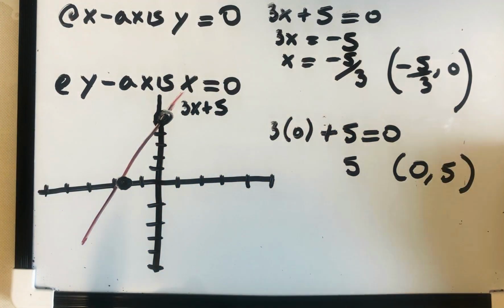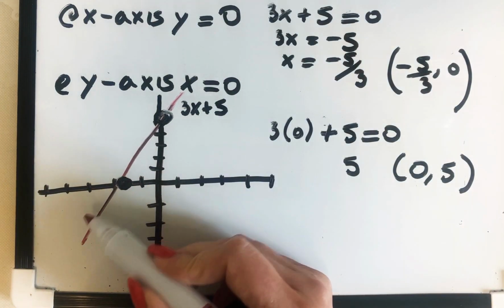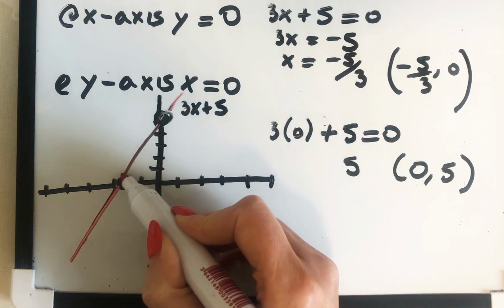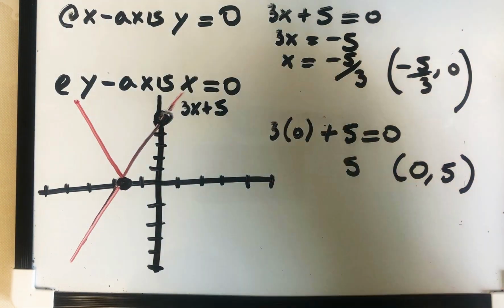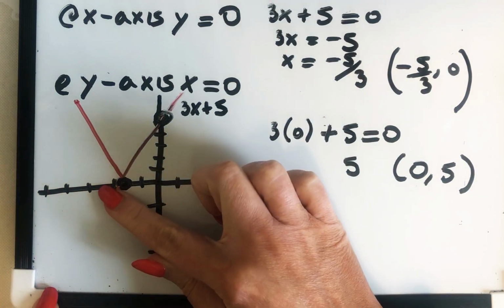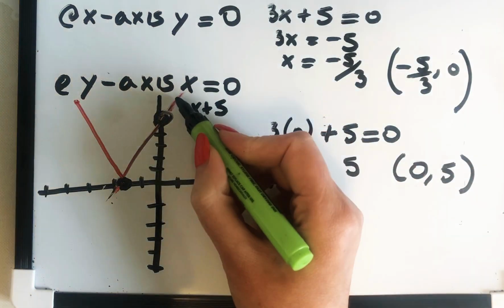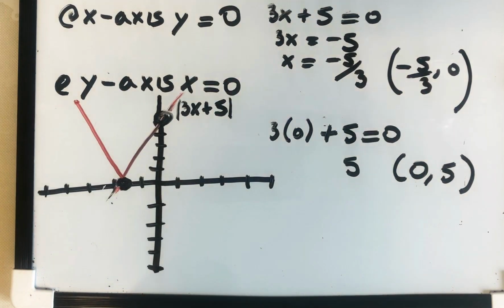And if we want to make the modulus of 3x plus 5, we have to reflect this part of our graph in the x-axis, so we go this way with it. So now we get rid of this part down here, and we have our modulus graph. The modulus of 3x plus 5.